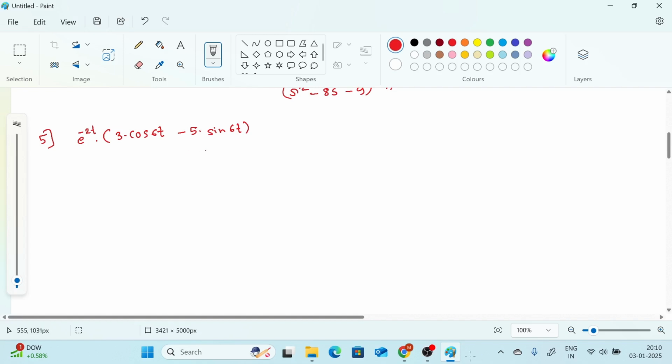We have to find the Laplace for this equation. What is the trick? It is multiplied by e raised to minus 2t, which means we have to use the first shifting theorem.